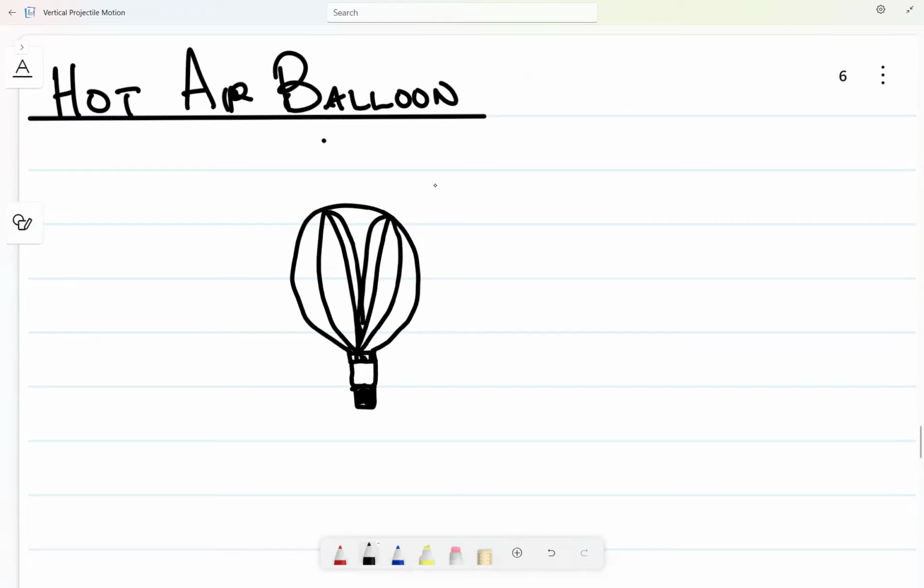Now a hot air balloon has something that projects it upwards. Now hot air balloon, you should be told it moves at a constant velocity. Constant velocity means what? Acceleration is equal to 0 meters per second squared.